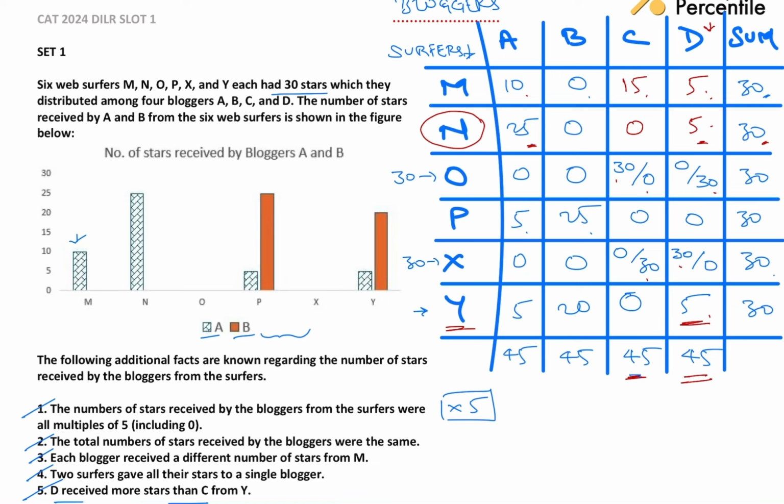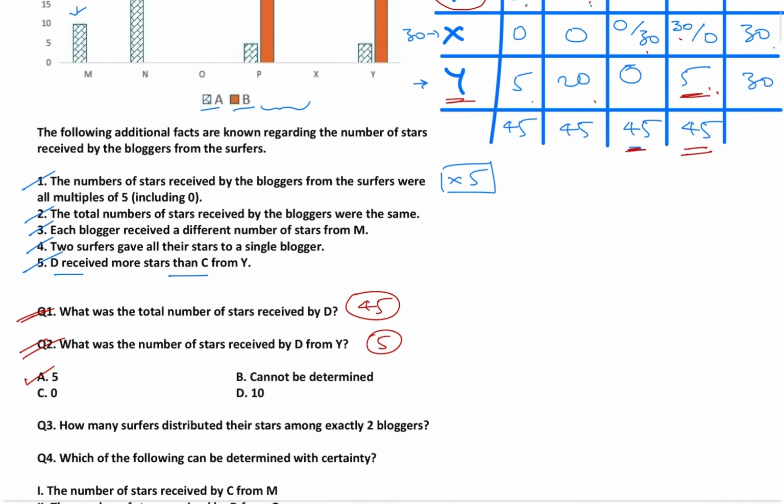If this is 0, it will be 30. So it won't be O. P gives out to 2 of them. Okay, so we have P as well. X will again give out to only 1. Y gives out to 3. Okay, so I have N and P. So that means there will be 2 surfers who will give out their stars to exactly 2 bloggers. Okay, so question number 3 is also done.